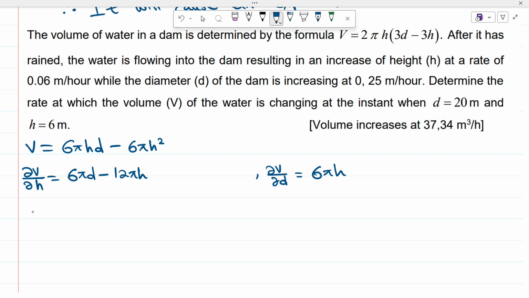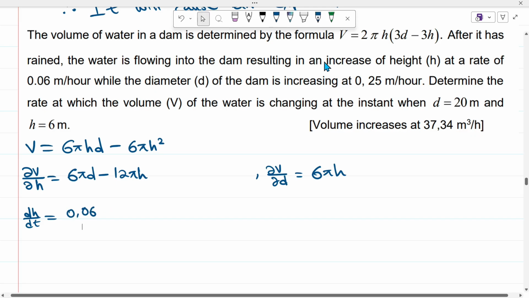And then the rate at which height increases with time, dh dt, is going to be equivalent to what? 0.06. We're given an increase of height at a rate of 0.06.